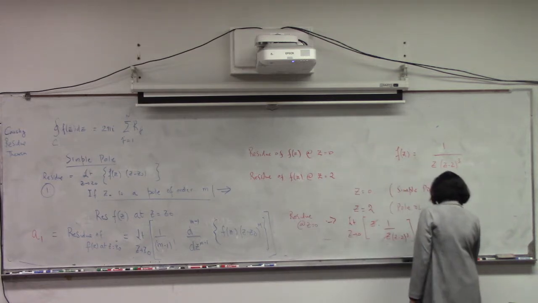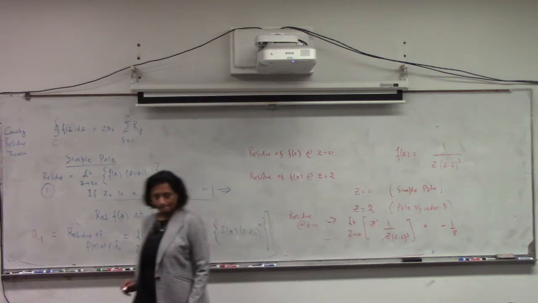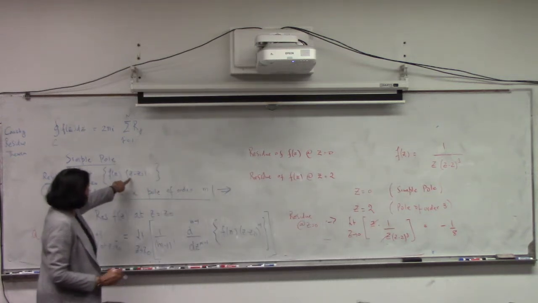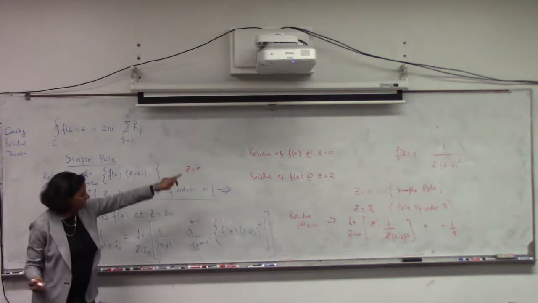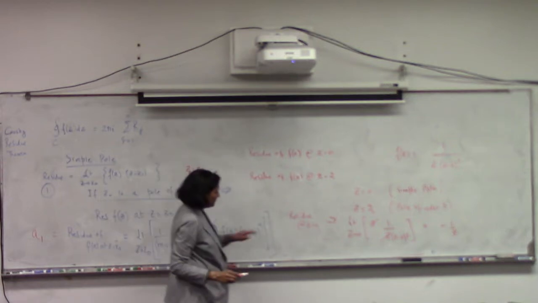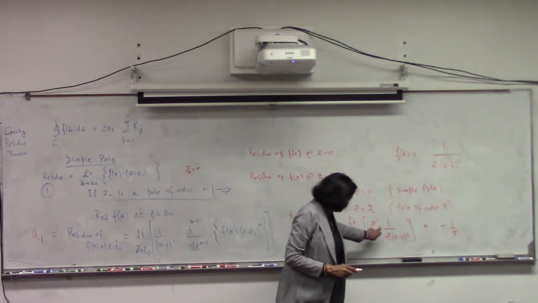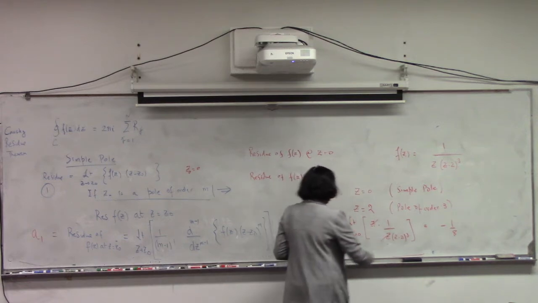So it is nothing but negative 1 over 8. Okay? z naught is basically 0, so for the first problem I'm writing z minus 0, which is z. That's why I wrote it like that. So negative 1 over 8.